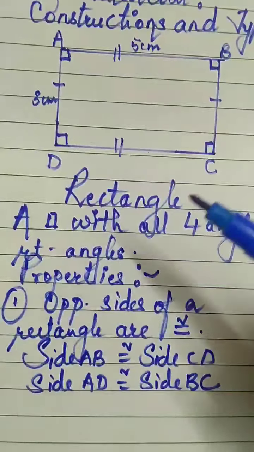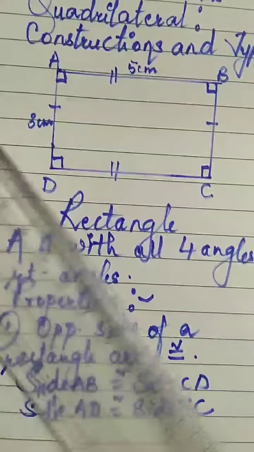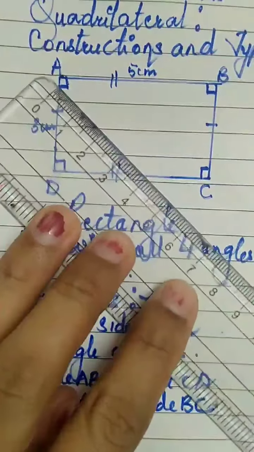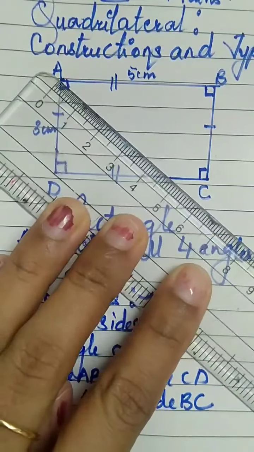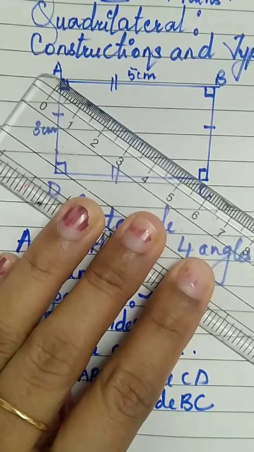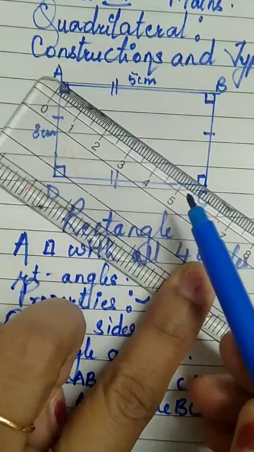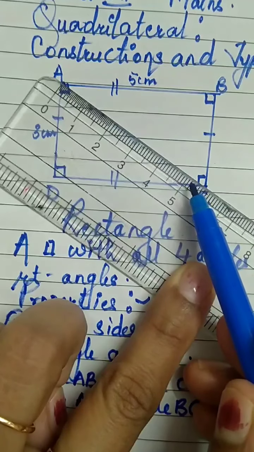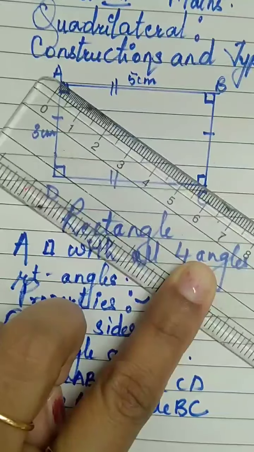Suppose with a scale you can measure the diagonals of this rectangle. Let me measure the diagonal of the rectangle, that is from A to C. Measure and see, how much am I getting? Exactly, I am getting 5.6.